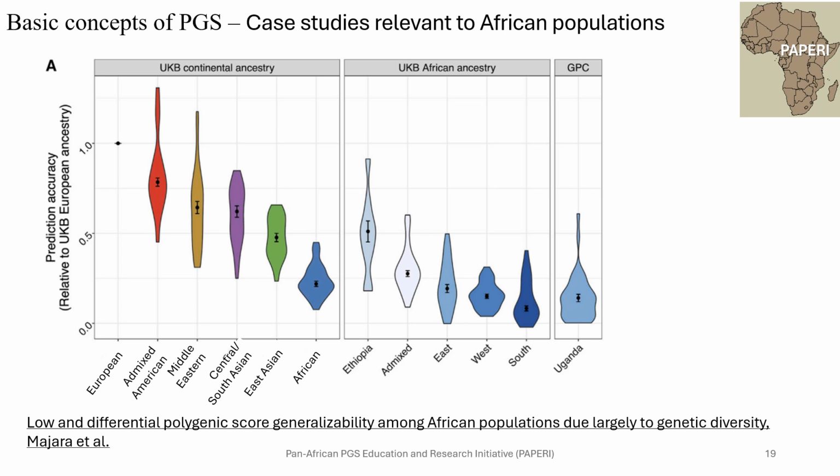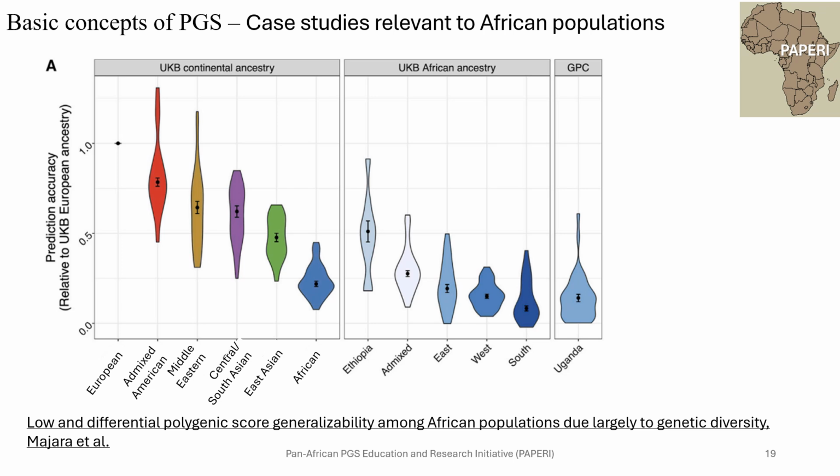This is a very visual representation of what I'm talking about. On the x-axis we have different populations, and on the y-axis prediction accuracy. For European, prediction accuracy is 1, because, like we discussed, R square or AUC values are used as a measurement of how well a polygenic risk score can predict the outcome.